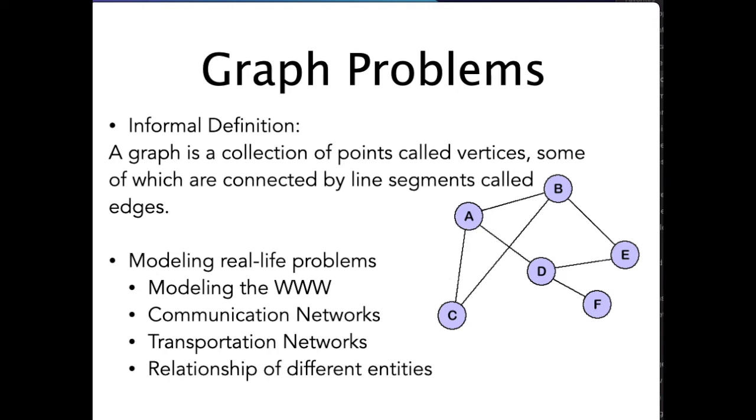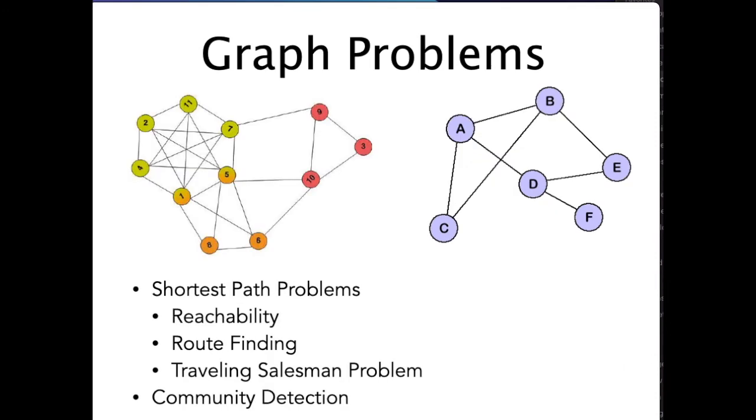Okay, so in general, graphs can be used to model the relationship of different entities. For example, in a social network, entities could be a person or a specific user profile, and edges are friendship connections. Okay, so here are some of the examples.